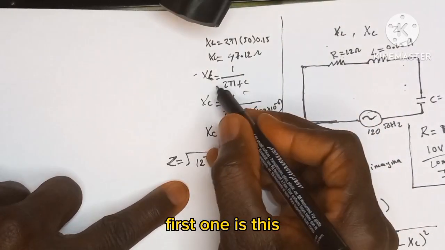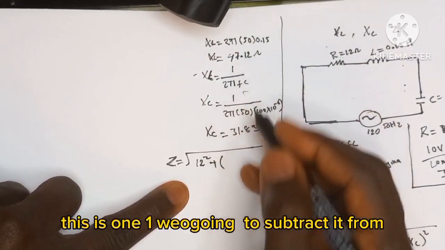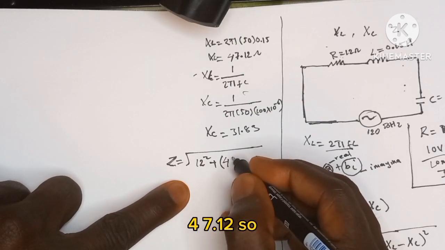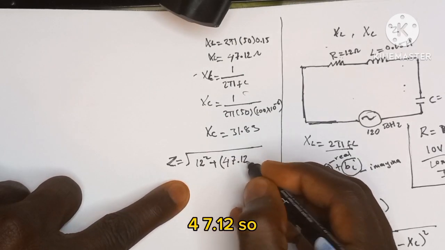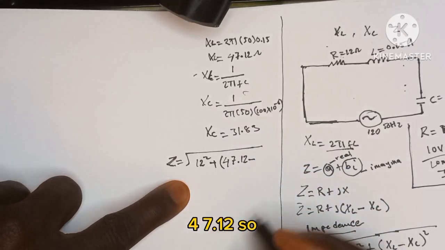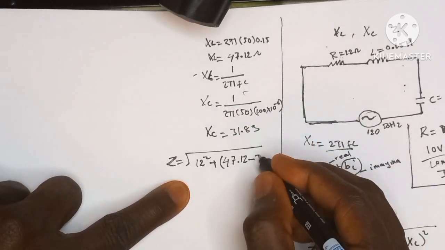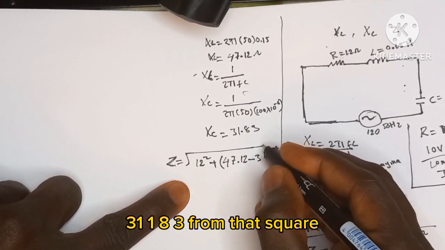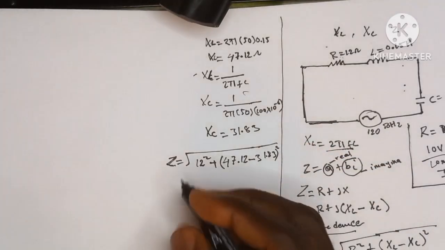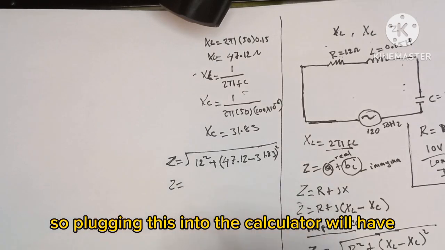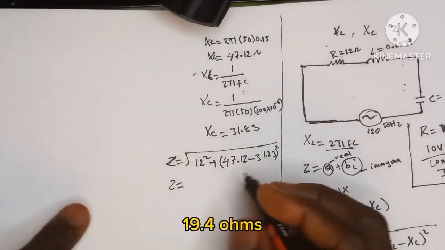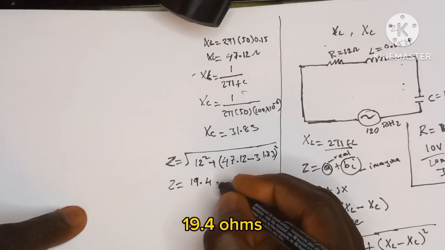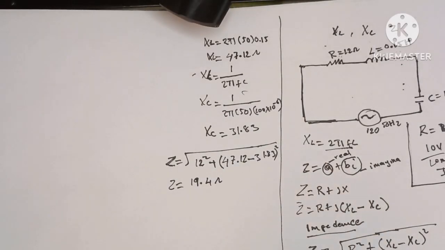First one is the one we're going to start from, 47.12, subtracting 31.83 from that, squared. So plugging this into the calculator, we will have 19.4 ohms.